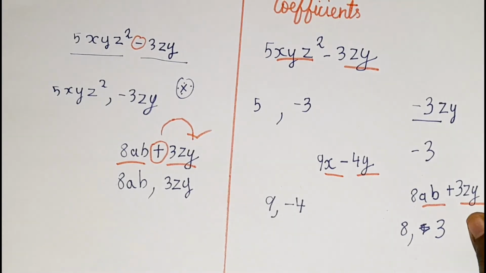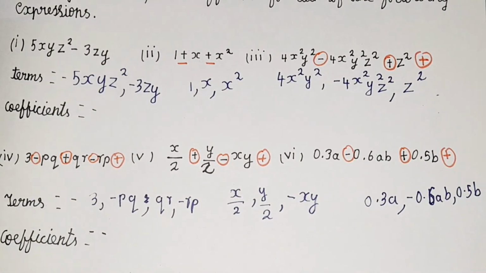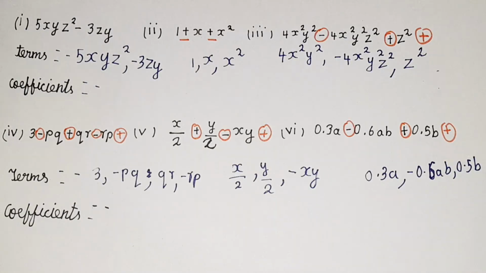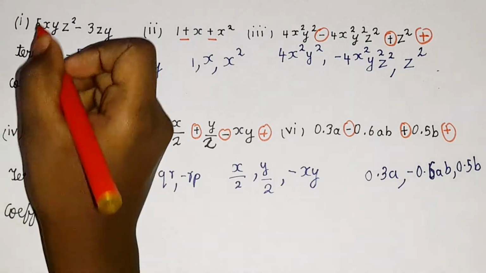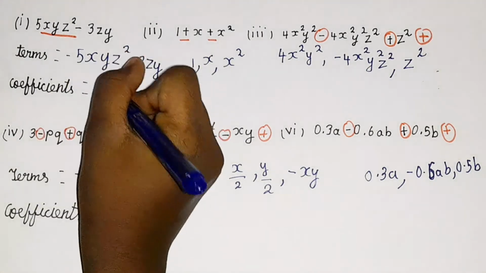So now let's solve the questions, okay. So here the first question is 5xyz square minus 3zy. So here we should look at the first term first. So here we have variable. So before the variable what is the number? 5.